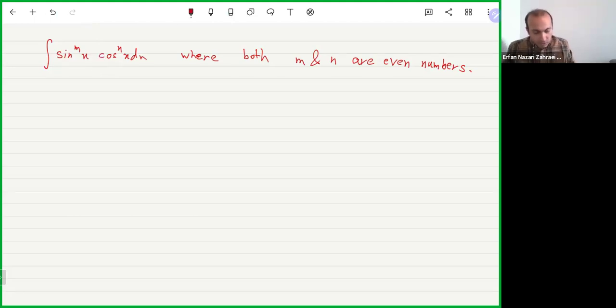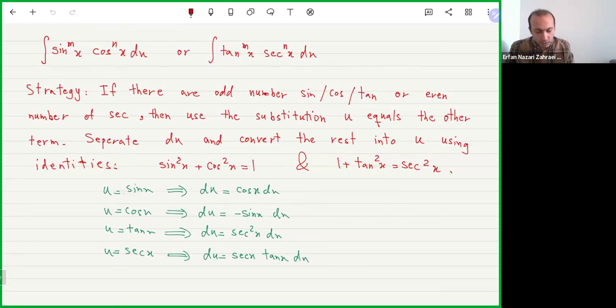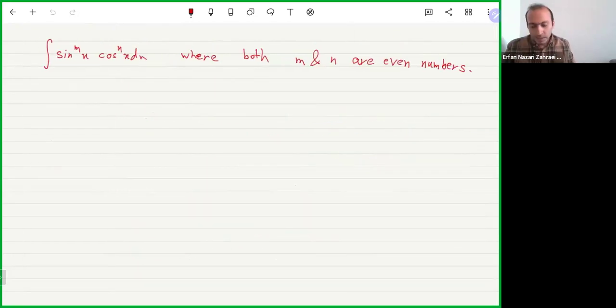So though this strategy doesn't work, you can't do this substitution, you can't do this substitution. What you should do is using these identities.